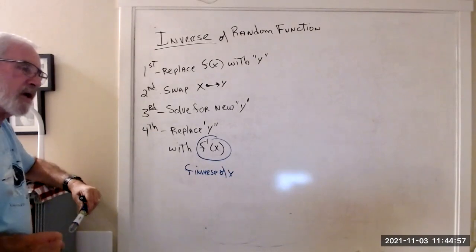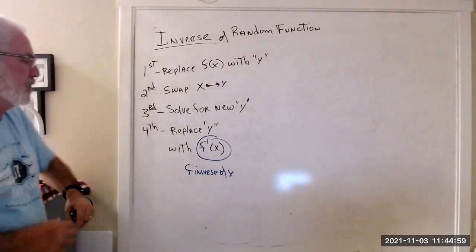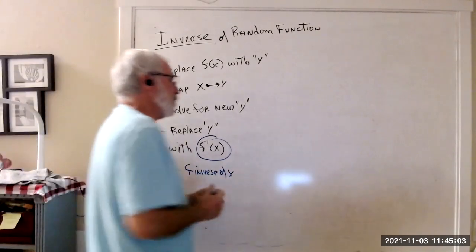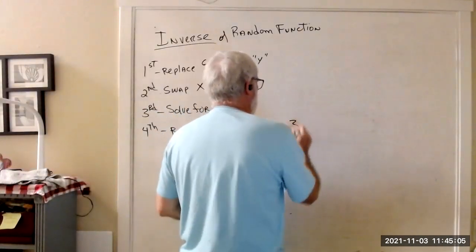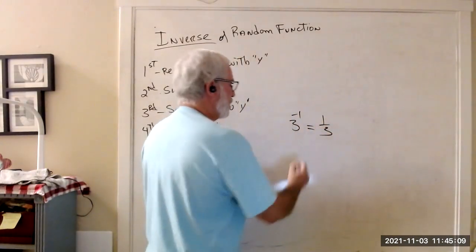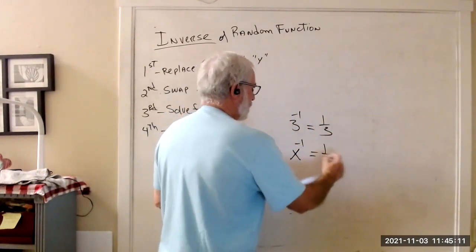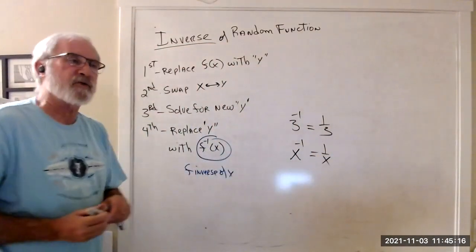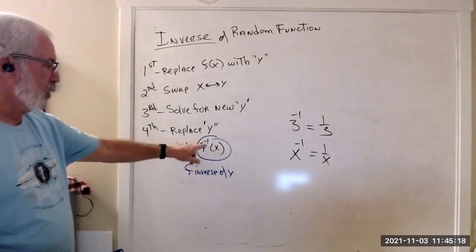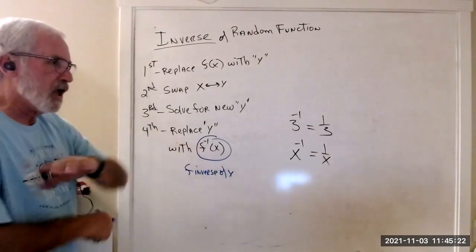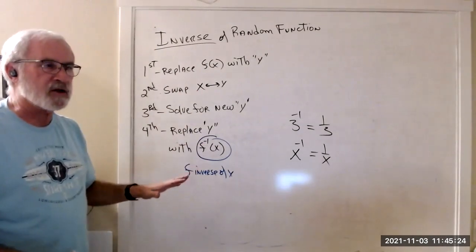Okay, new math notation. We have learned that when you put a -1, it means the reciprocal. Flip it over. Except when you put it on a function. When you put the -1 power on a function, it means something totally different.